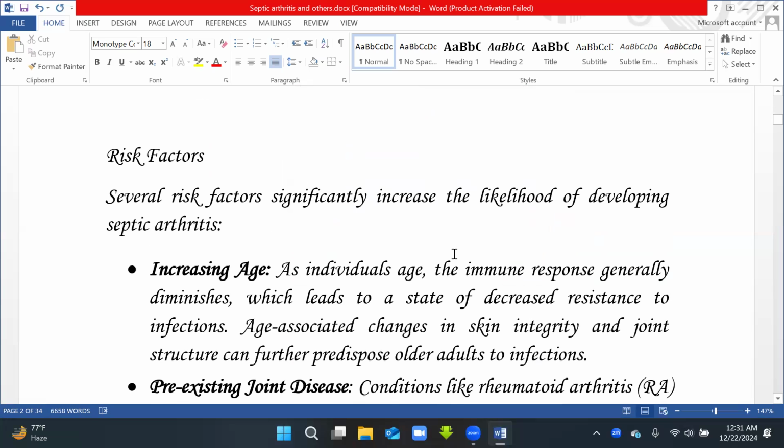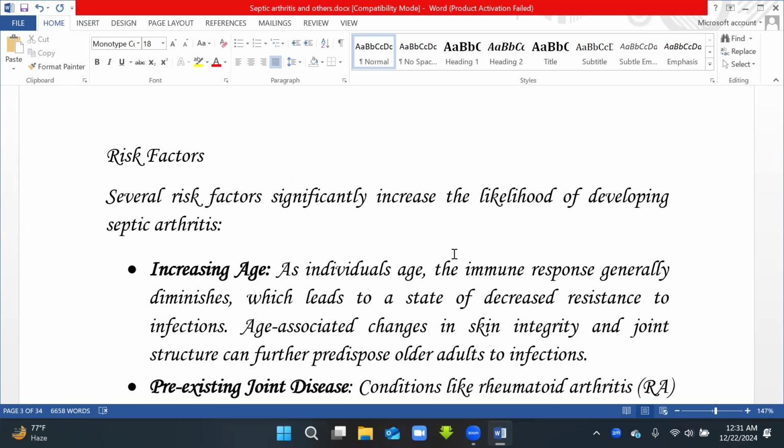What are the risk factors for this septic arthritis? Several risk factors significantly increase the likelihood of developing this condition. One, increasing age. As individuals age, their immune response generally diminishes. Yes, among older persons, their immunity is decreased. And also, as people age, there are changes in the skin integrity, that the protective part of the skin is lost, that the immunity there is reduced.